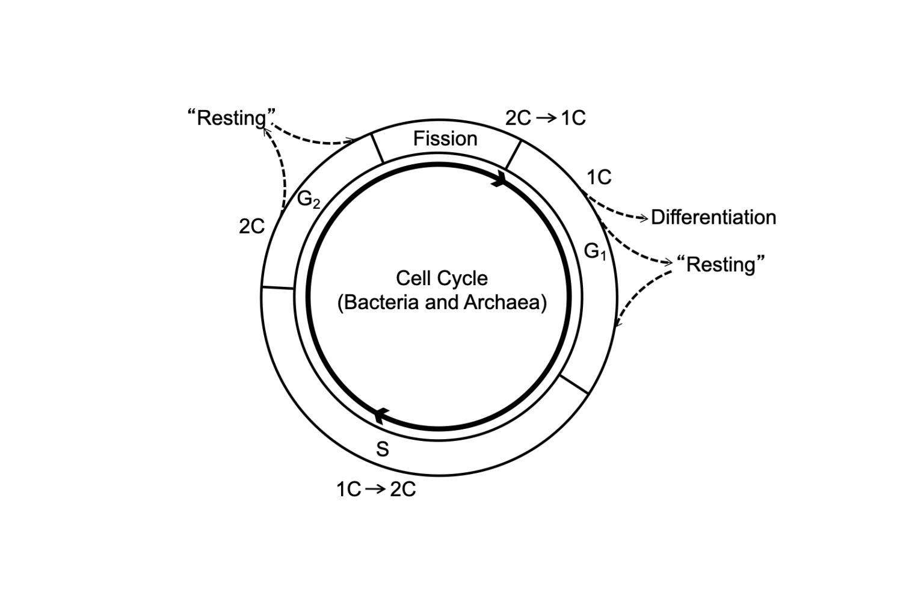So in a typical bacterial cell cycle, starting here with a 1C, essentially haploid amount of DNA in G1, some bacteria can differentiate, some can essentially be resting in a spore or something like that. And then you go into the S phase where the amount of DNA increases from a 1C level to a 2C level.